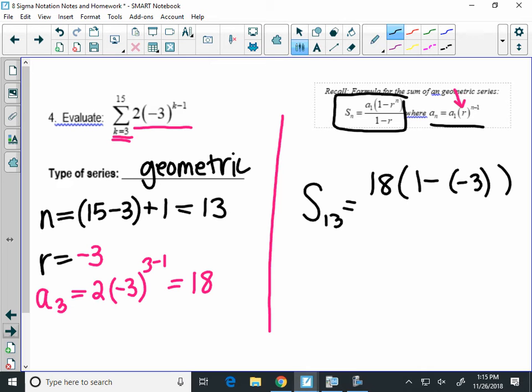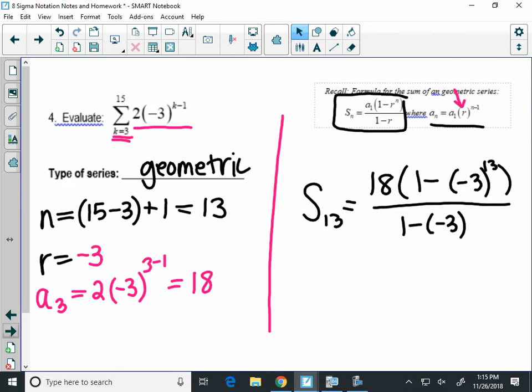And then your n goes right outside of that. So -3 to the 13th power all over 1 minus -3. Now I want you to very carefully type that into your calculator and make sure that you get the answer I'm going to put on the board. Because that's the hardest part of this formula, is making sure that you actually type things in correctly.